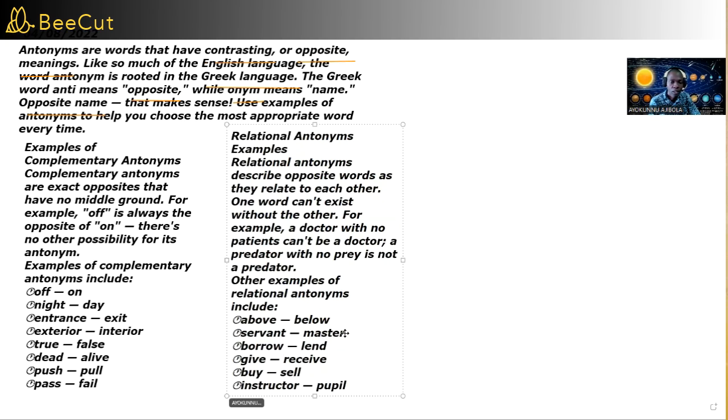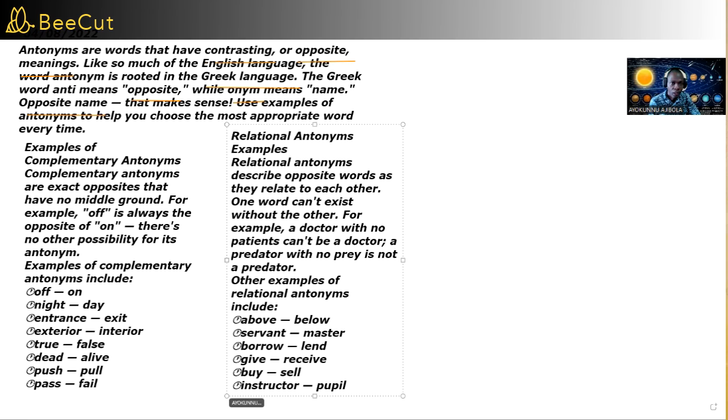Without a master, there cannot be a servant, or without a servant, there cannot be a master. Borrow, lend: if there must be borrowing, there must be lending. Give, receive: if there must be giving, there must be receiving. Buy, sell, instruct, and so on. So one word can't exist without the other. That is why they are relational. The first word depends on the other, or the other way around.